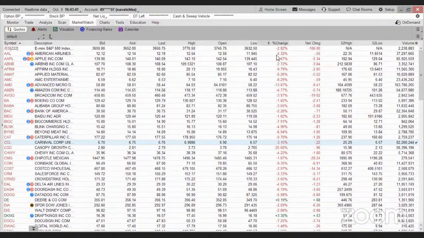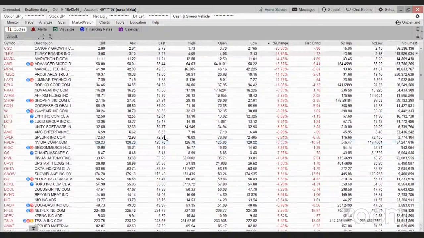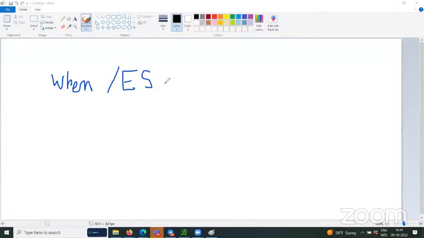And I see how many of the stocks are green. Let me share the full screen because we will require more. Let me add paint. My simple logic is, when ES is green, and again, I do not use NQ, I use ES for my market levels, I do the next step.